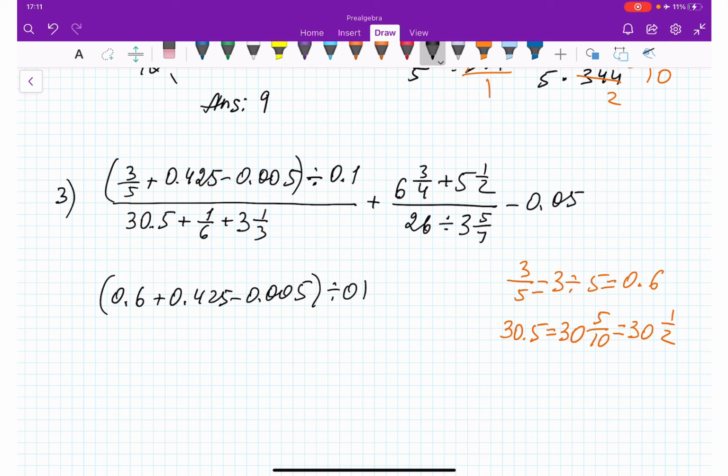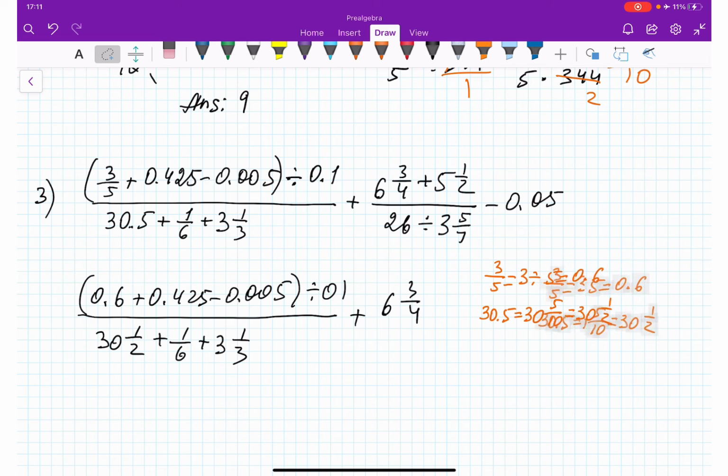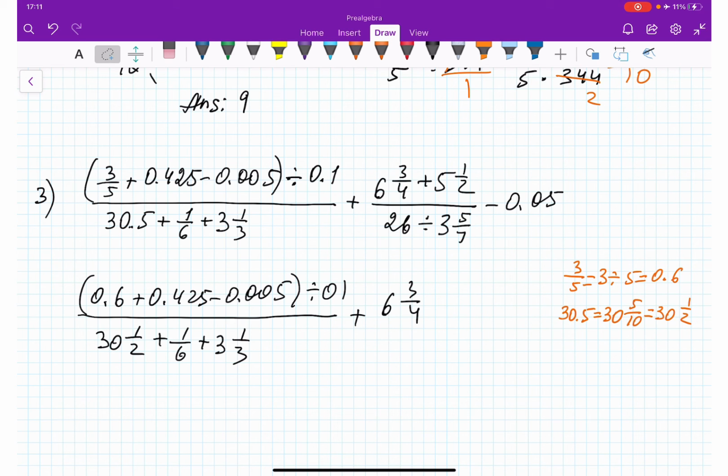And what we are getting here divided by 30 and 1/2 plus 1/6 plus 3 and 1/3, plus 6 and 3/4. I need to move this a little bit, make it compact and move it here. 6 and 3/4 plus 5 and 1/2 over 26 divided by 3 and 5/7 and minus 0.05.